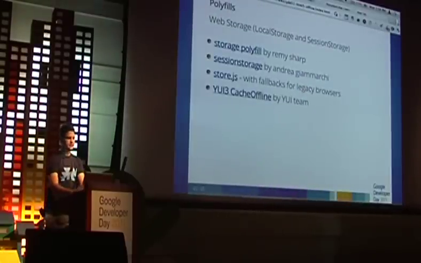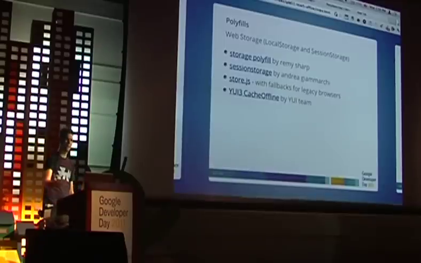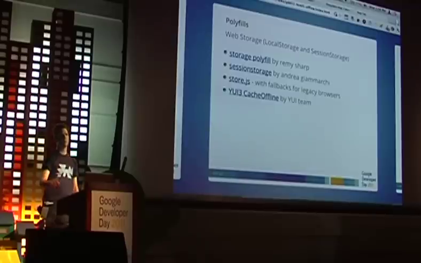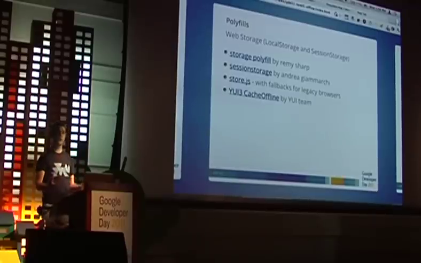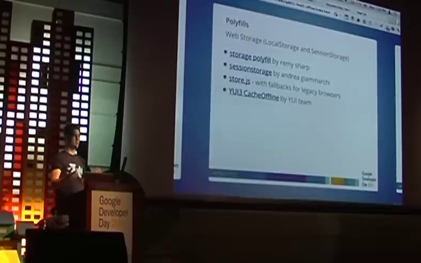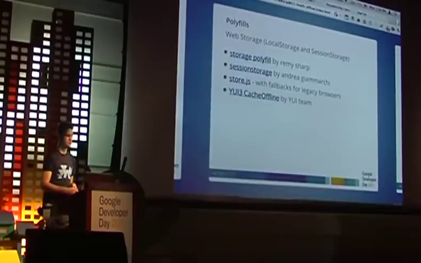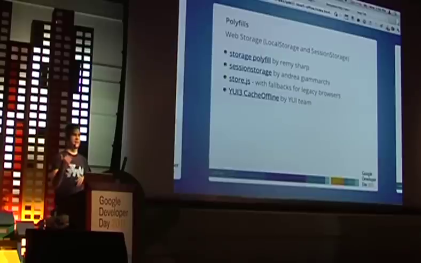Cool. The last thing I wanted to show is a few polyfills. Polyfills are basically small JavaScript libraries that just add a feature if that feature didn't exist. Like I mentioned, there's no local storage or session storage in IE7 or IE6. But the community has written a lot of scripts to add these features when they're not there.